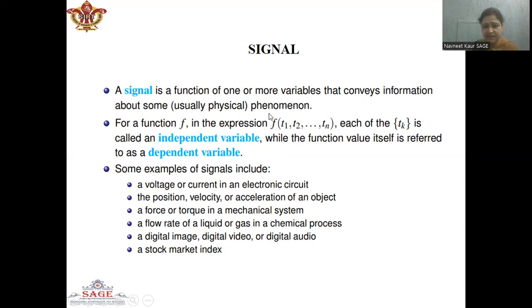The function itself is referred to as the dependent variable because it depends on the time instant and decides the value according to the given function.